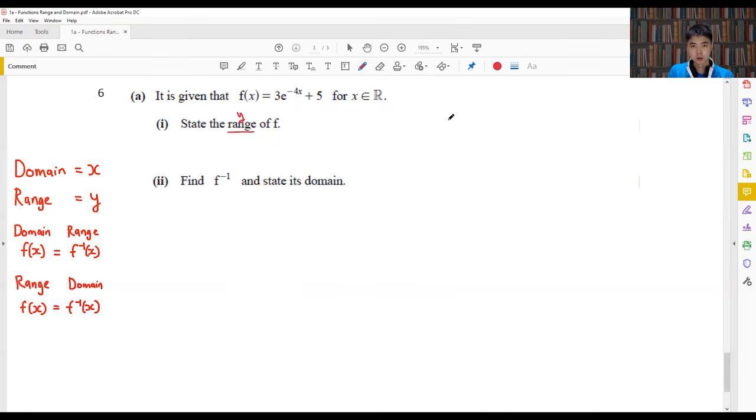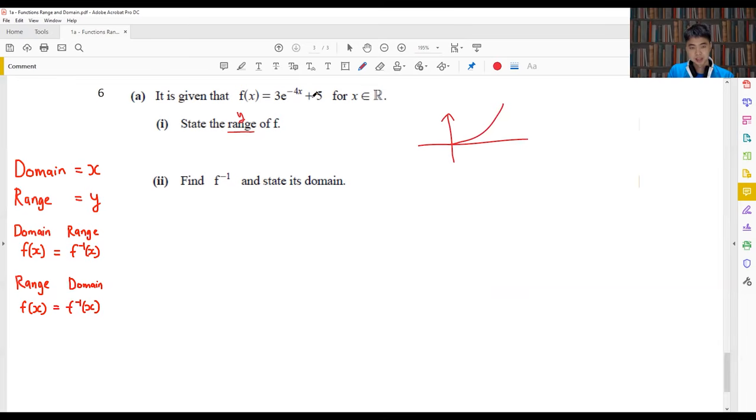If you do not know how to find it, you can always try a website called Desmos, and you can plot the graph exactly into the calculator itself. What an exponential graph would look like is something like this.